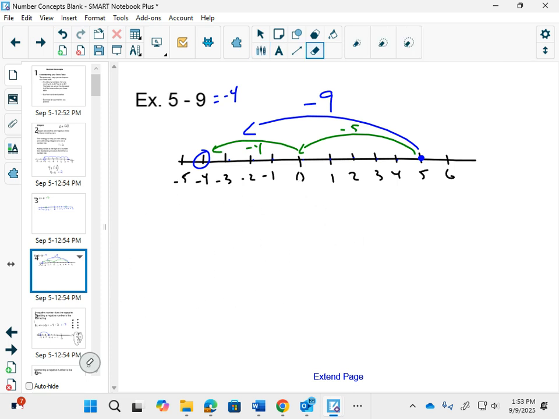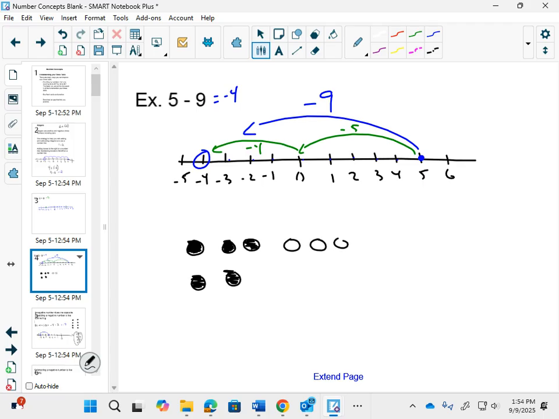No, that's it. Filled in, I said was positive. I was getting so excited about coloring. So the 5 would be filled in. And then the 9 would be empty. And this would cancel out with this one.